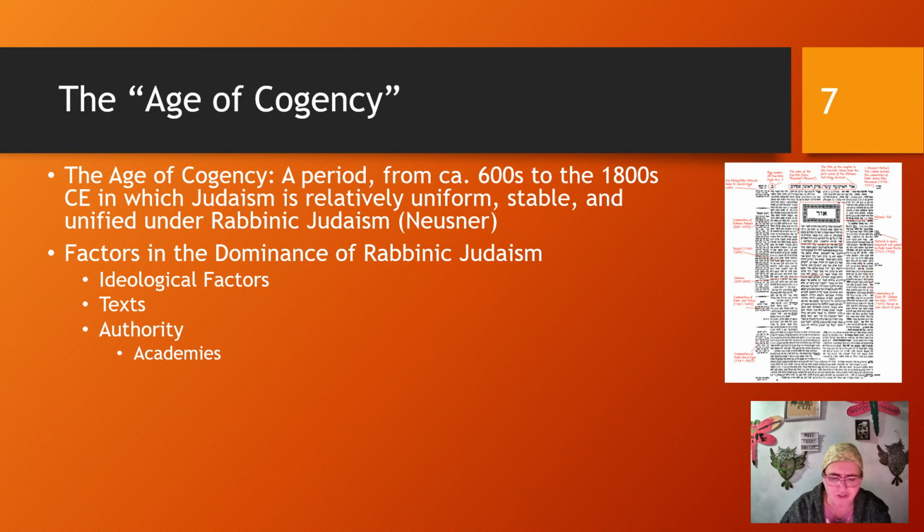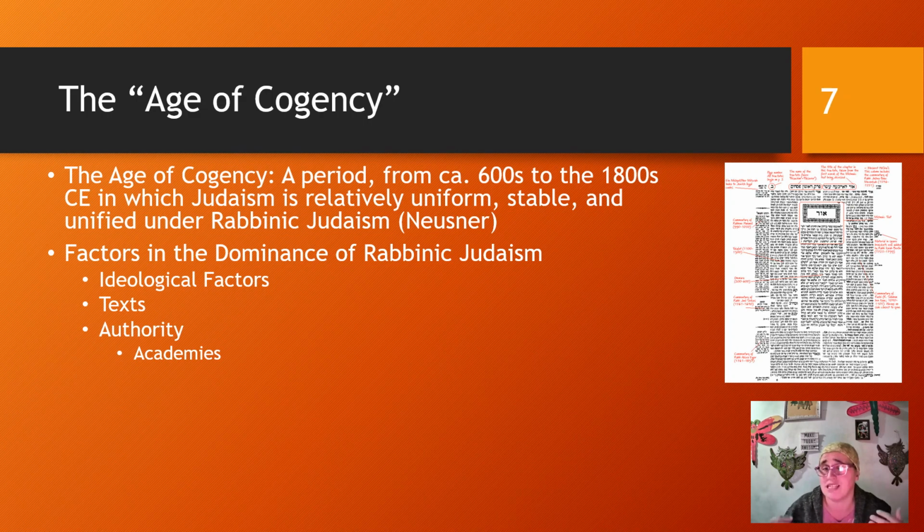And there are many, many factors that led to the dominance of rabbinic Judaism. If you remember from the Second Temple period and the reconstruction after 70 CE, Jews could have picked any number of Judaisms.